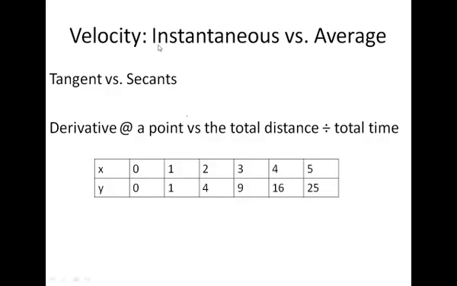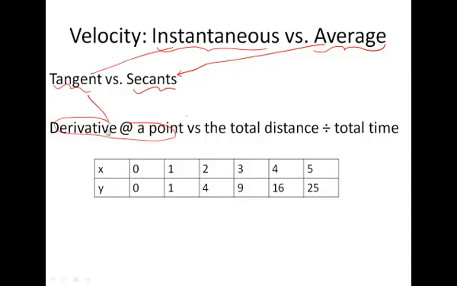What we've been discussing so far is instantaneous versus average velocity, and that's a matter of looking at a tangent versus a secant. Instantaneous goes with the tangent, average velocity goes with the secant. Derivatives at a certain point are our tangent, versus the total distance over the total time, so the change in displacement over the change in time, which goes along with the secants.